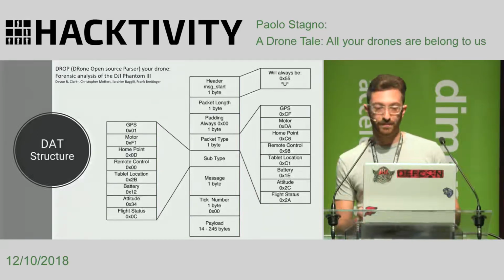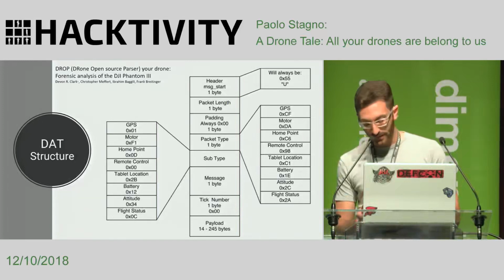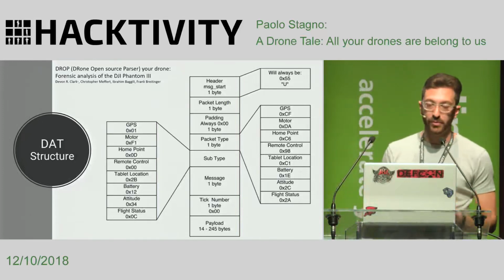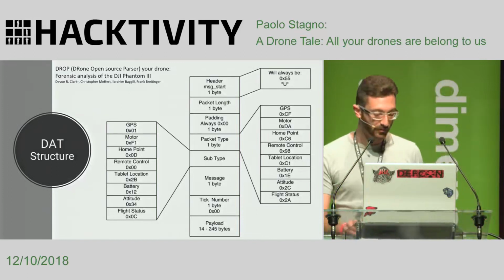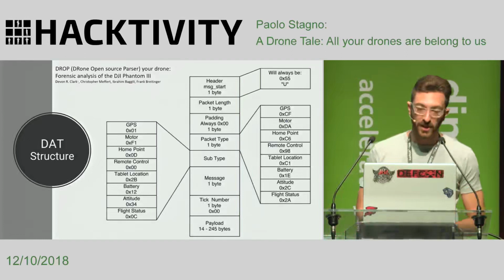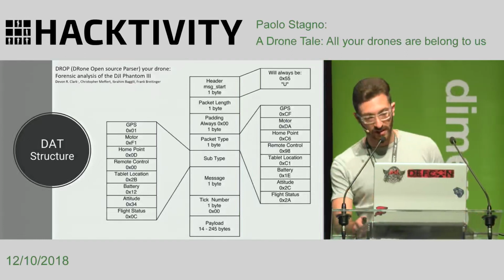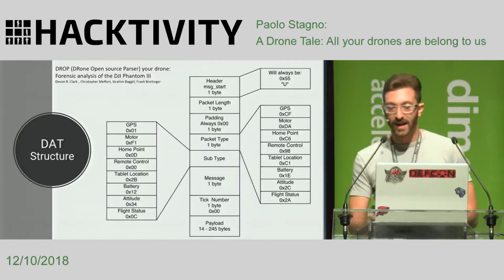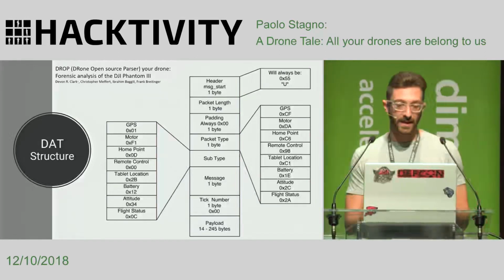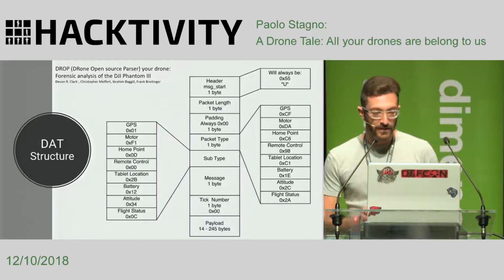Basically, they zero out the space of the older file, and that will reduce the chance of forensic recovery. And it's also possible, and I was a bit astonished and upset when I discovered it, to fly the drone without this memory, without the black box.